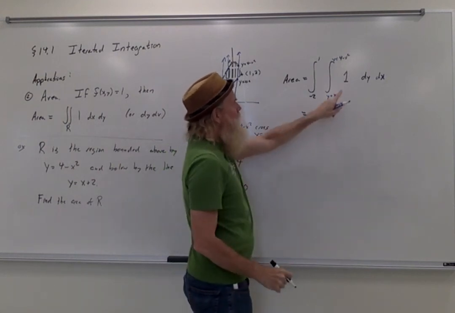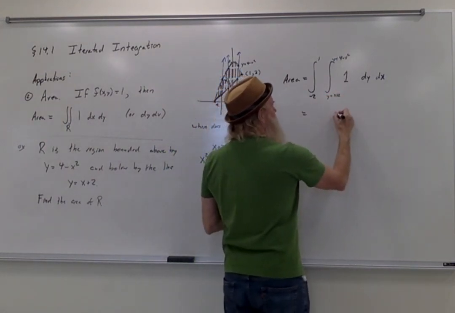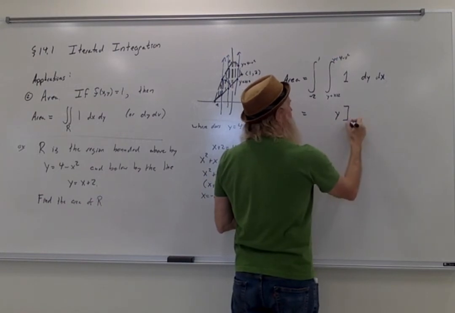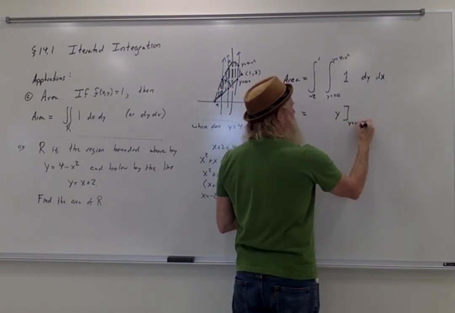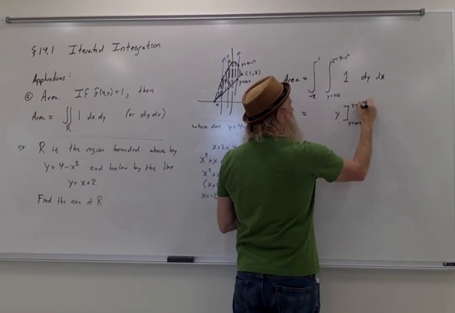So, first of all, we're going to integrate 1 with respect to y, which is y, and that'll be taken from y equals x plus 2 to y equals 4 minus x squared.